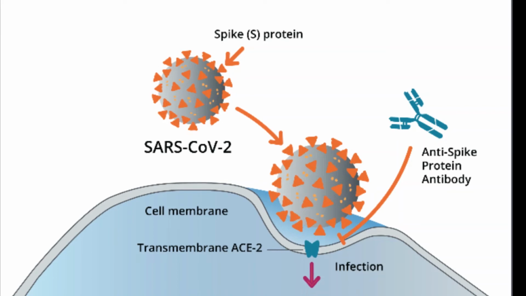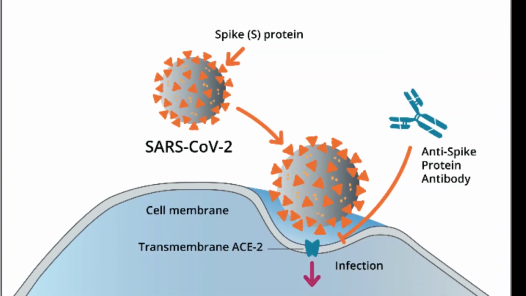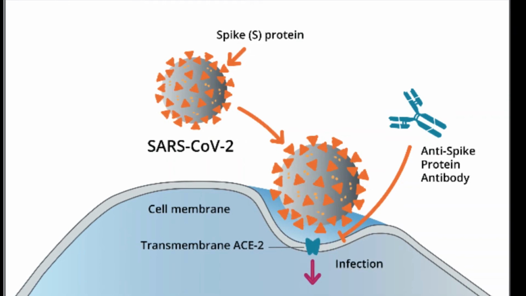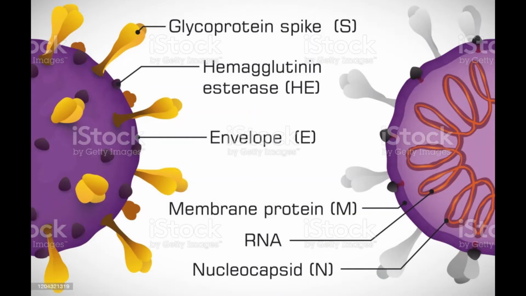It has two components, S1, which regulates the viral host interaction, and S2, which mediates fusion and viral entry. The envelope protein E and membrane protein M are important in the formation of the viral envelope, with the latter being involved also in the general coronavirus assembly and integration.